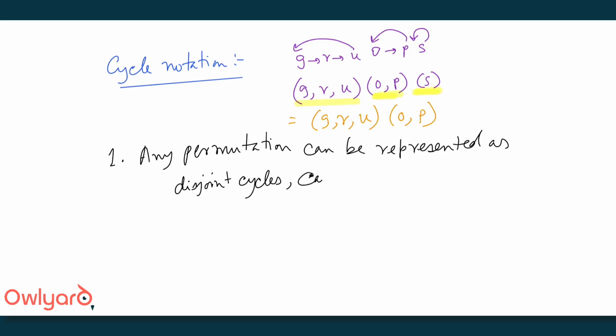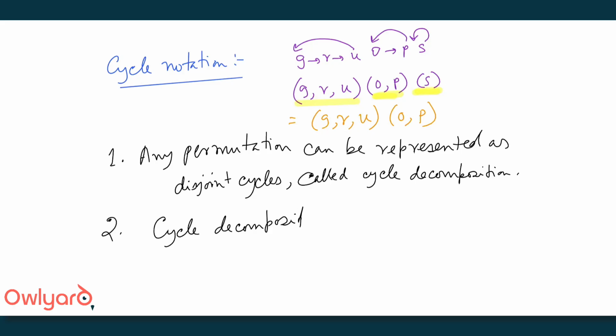And these disjoint cycles are also unique, and that you can convince yourself, and they are often called cycle decomposition. And as we just discussed, cycle decomposition is unique.